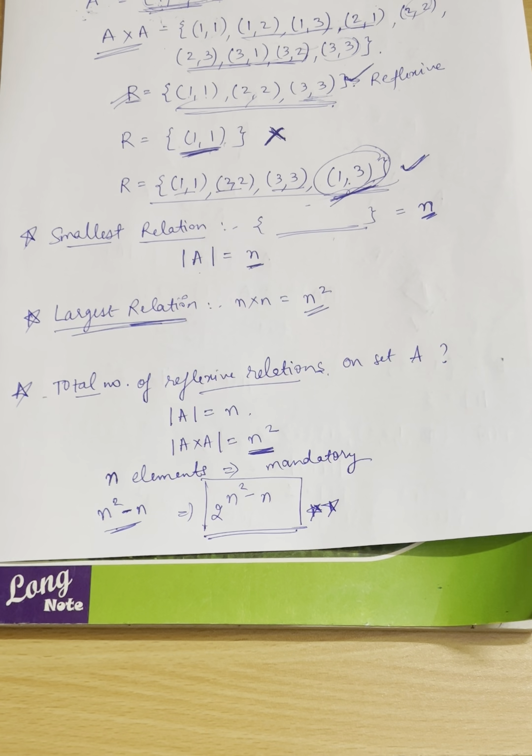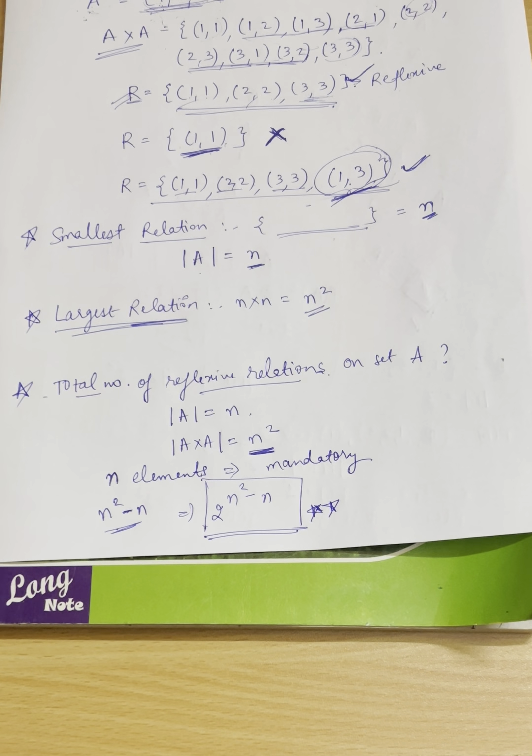Hope you understand the logic behind how this power number comes. Now one more question: if someone asks how many total relations are possible which are not reflexive?